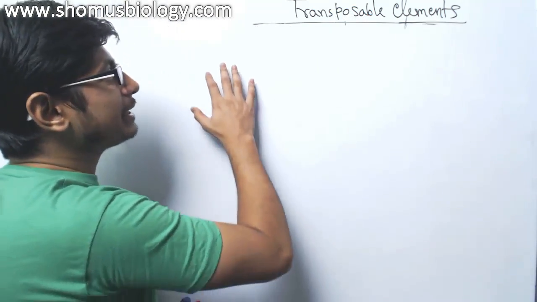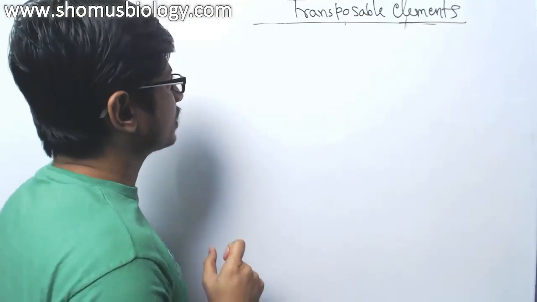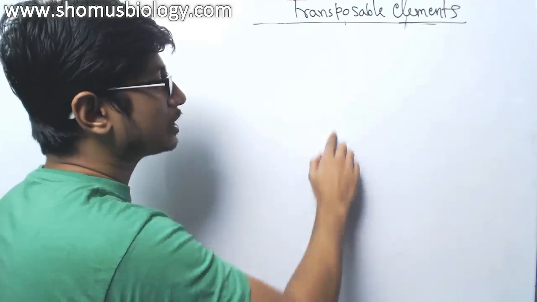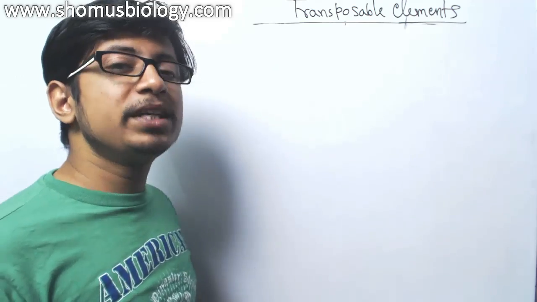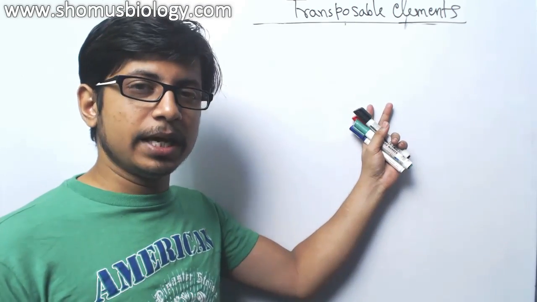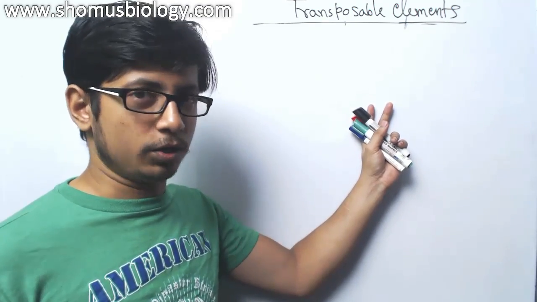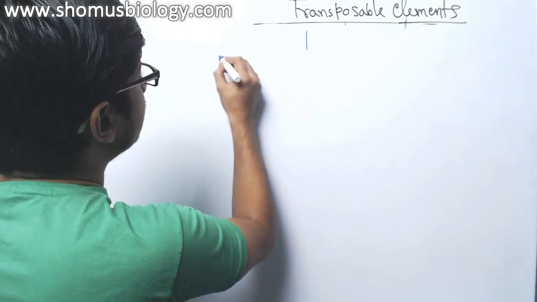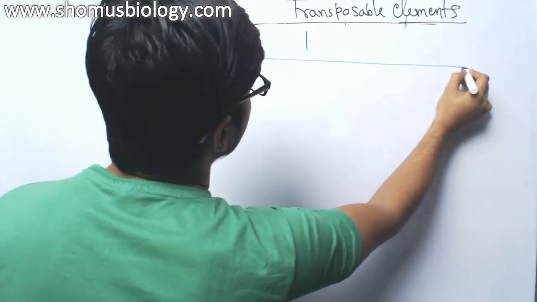So let's look at the classification of these transposable elements to get an idea. The most important property of a transposon is the ability to be transferred intergenomically. This transfer can use duplication or non-duplication. Now if I break these transposable elements down, we can have mainly three different groups.